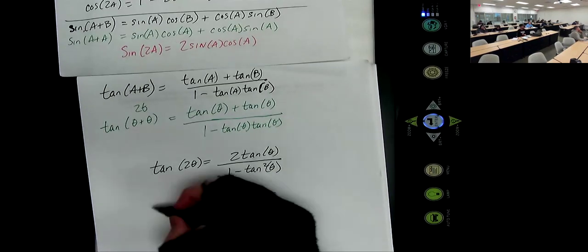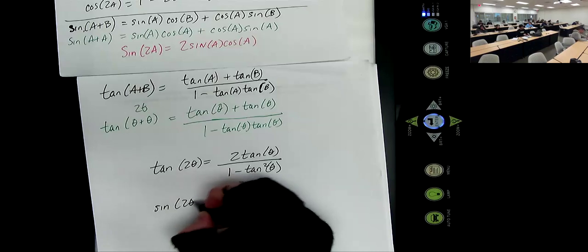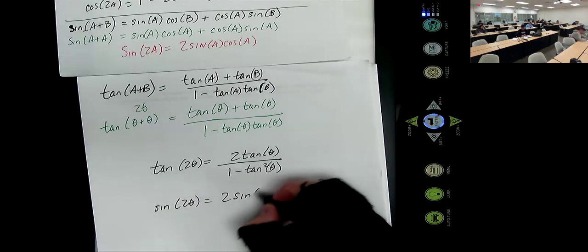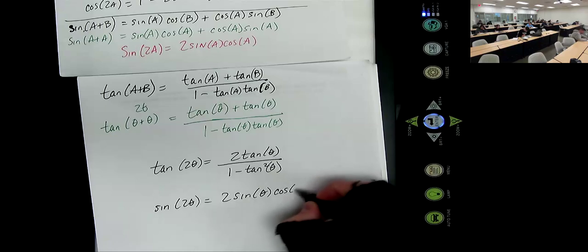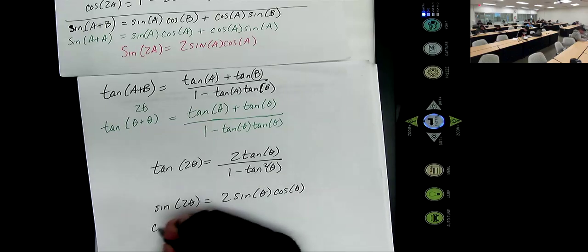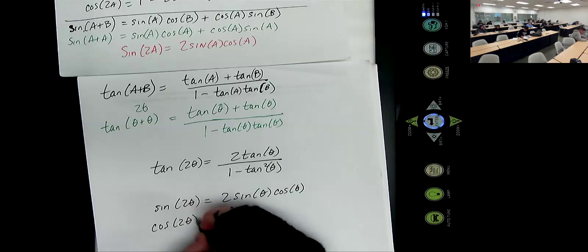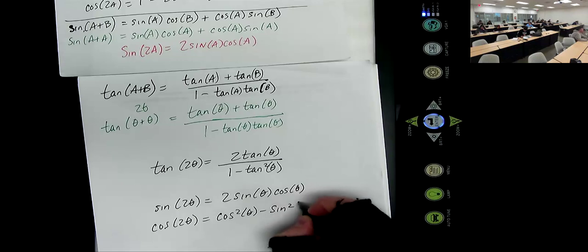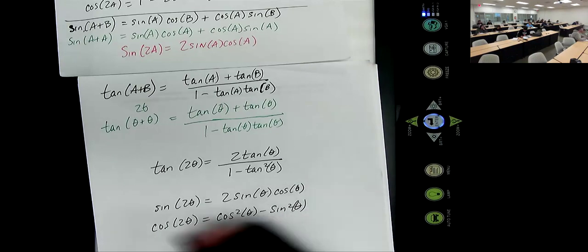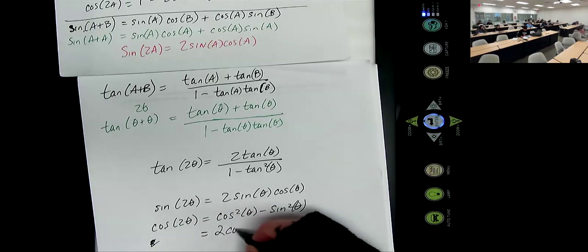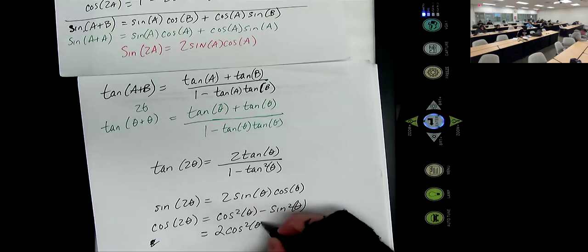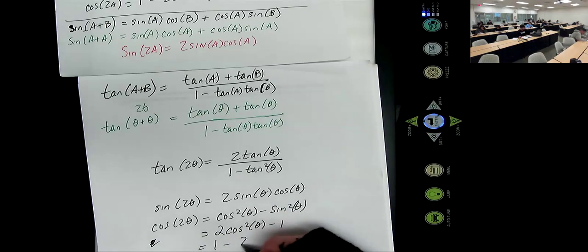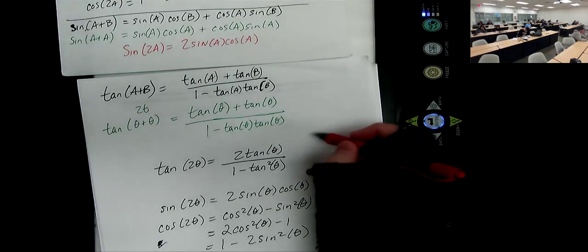And now I'll write my other ones down here, so we can have them all on the same page, all with theta, because that's what you're more likely to see. There's your double angle formulas.